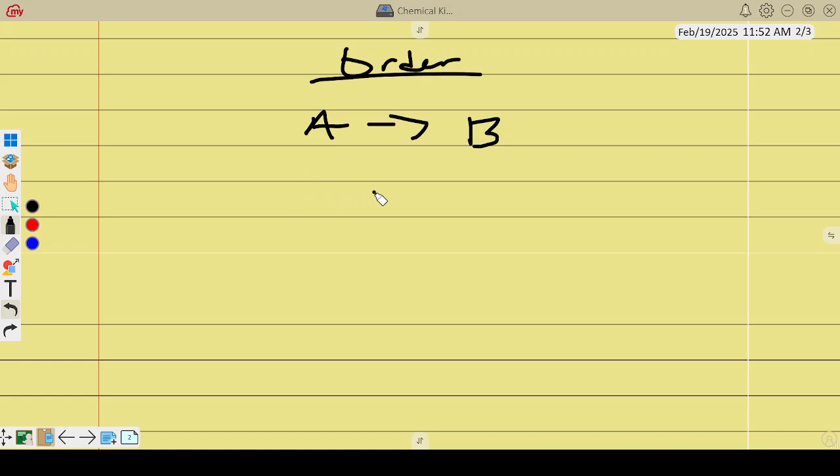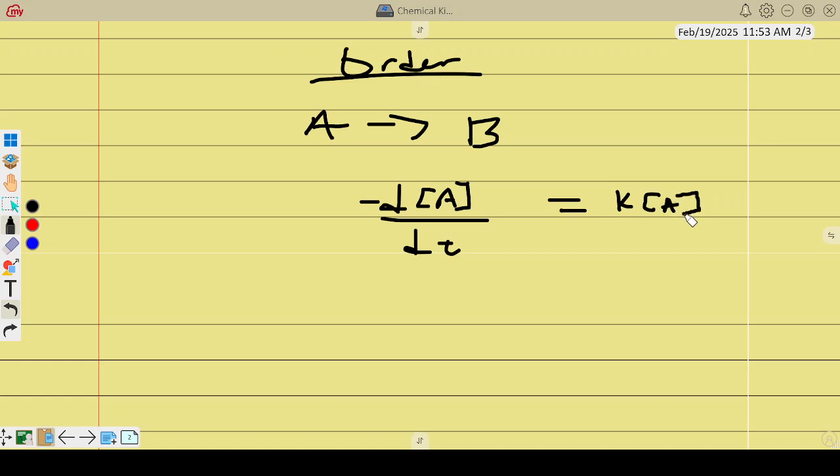The rate expression is negative dA over dt, and then the rate law is k, and then we have A here.